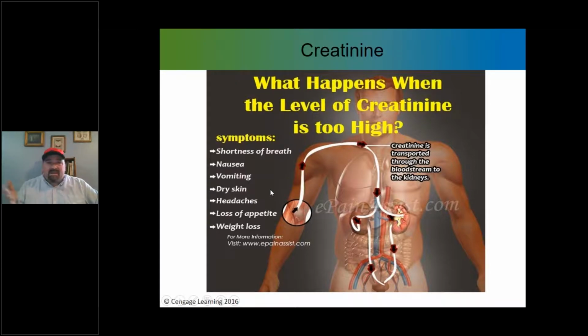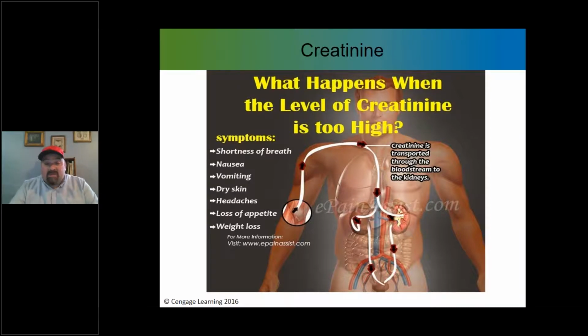So, just like anything else, as far as levels within the body that need to be maintained, there needs to be a healthy range. Too high or too low, the body needs to respond homeostatically, right? Homeostasis, a stable environment inside of the body, no matter what it is, respiratory rate, blood pressure, these albumin and other types of plasma proteins, as well as what's going on as far as waste and things that are leaving the body.